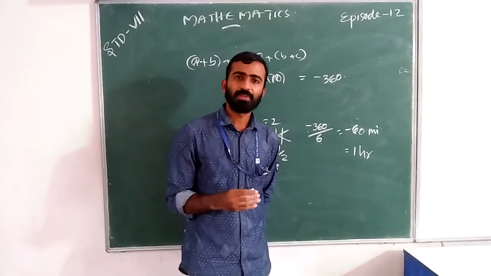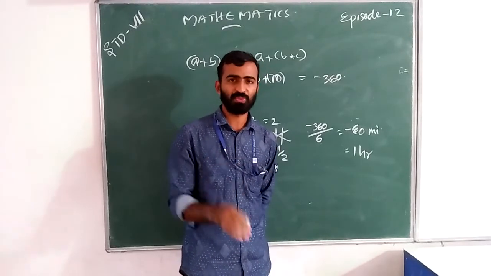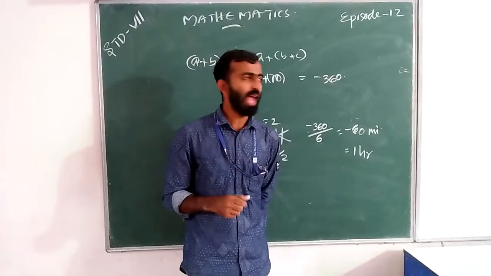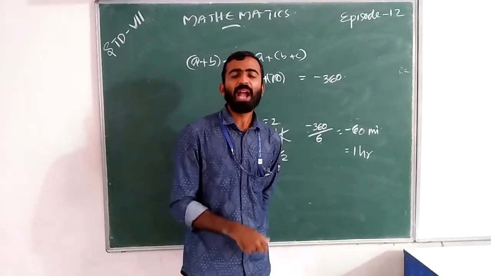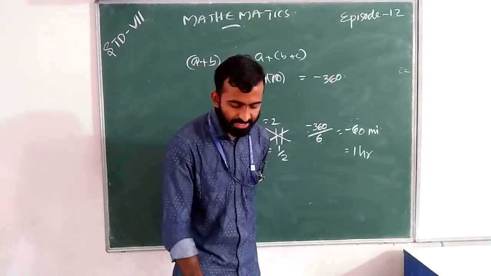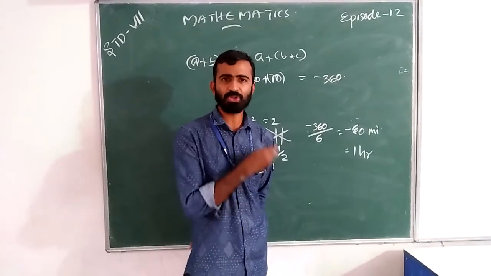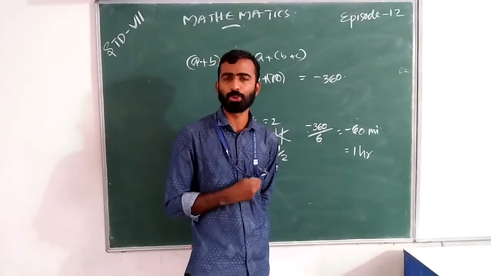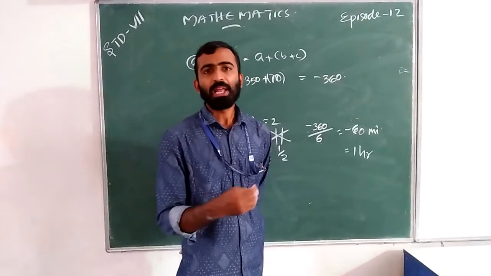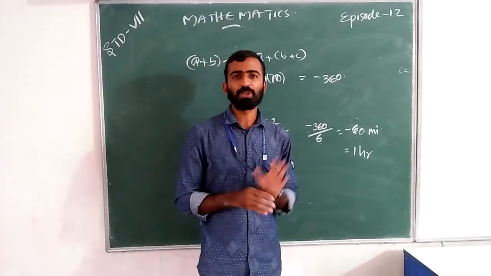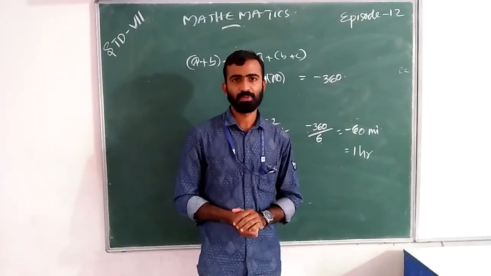In multiplication, the associative property is satisfied. In division, it is also not satisfied. Then we studied the additive identity, which is 0. We also studied a into 0 equals 0. In this chapter, we studied the properties of integers.